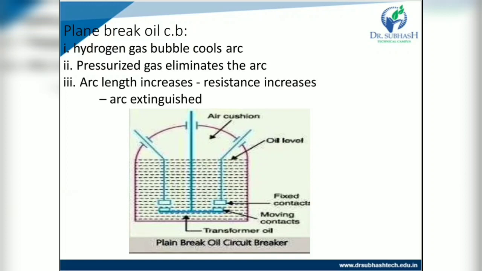So here there is a closed chamber, filled up with the oil, and there is an oil level, and above the oil level there is an air cushion. Here we can see that the right side is our fixed contact and the bottom one is a moving contact. So arc is produced between fixed contact and moving contact, and the oil is transformer oil.